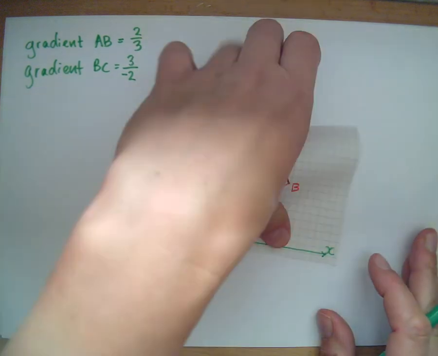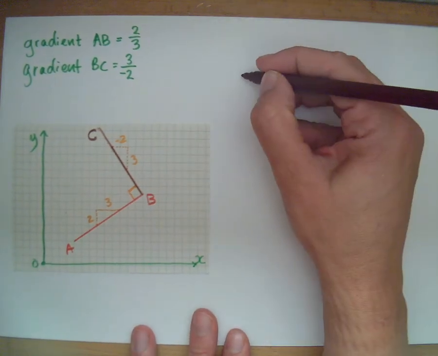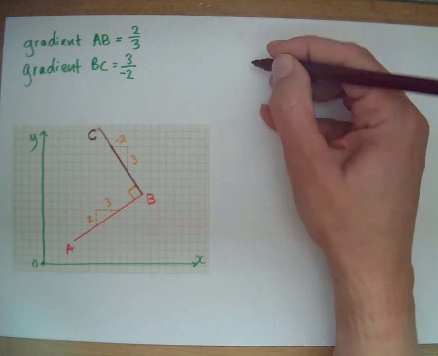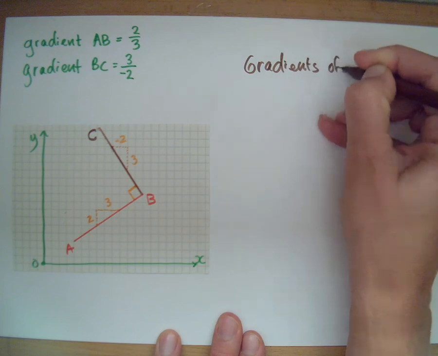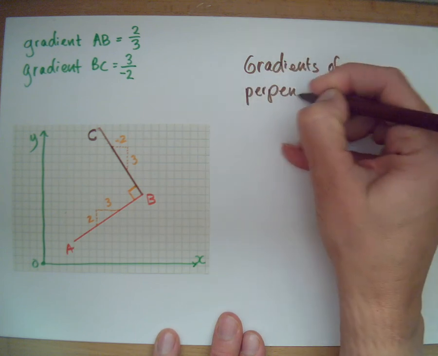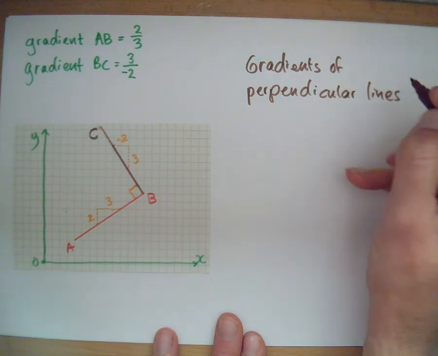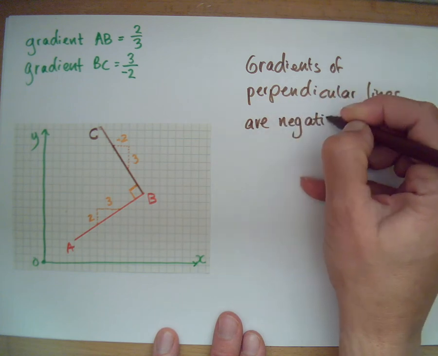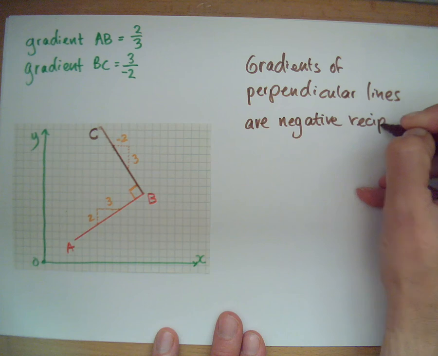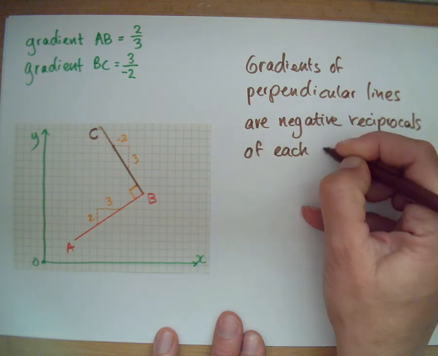So what have we learned? And this is true for all perpendicular lines. The gradients of perpendicular lines are negative reciprocals of each other.